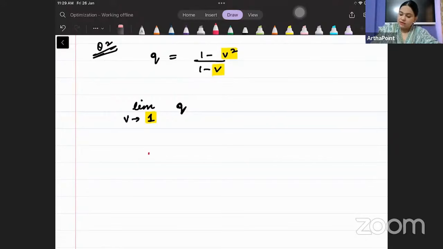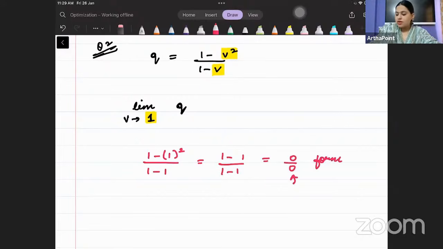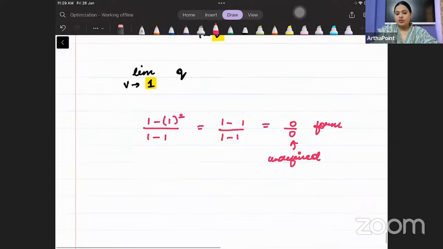So I will get 1 minus 1 whole square upon 1 minus 1. So beta, this will be 1 minus 1 upon 1 minus 1, 0 by 0 form. 0 by 0 form को बोलते बेटा undefined. It is not defined.